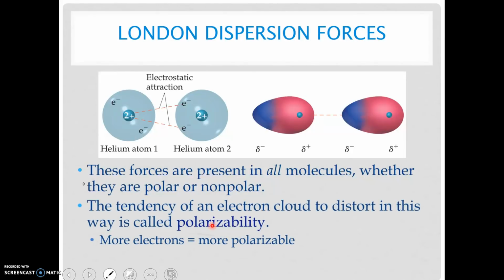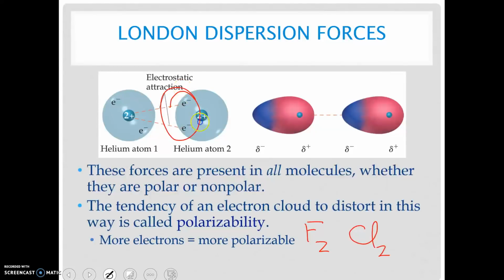Now, this is a huge word right here, polarizability. All it means is that the more electrons something has, the more polarizable it is. So let's say we were talking about F2 gas versus Cl2 gas. Chlorine has a lot more electrons, so that means it's more polarizable.